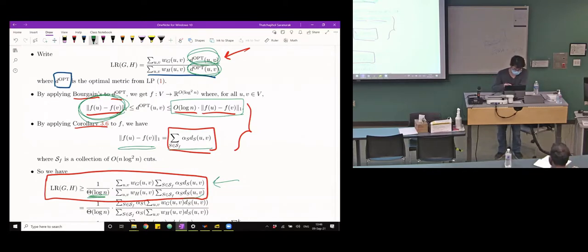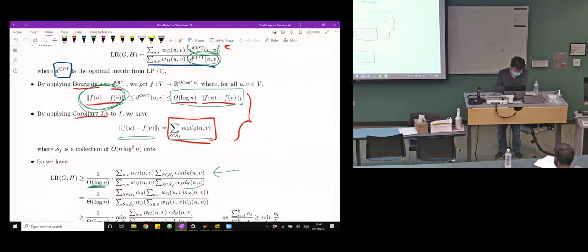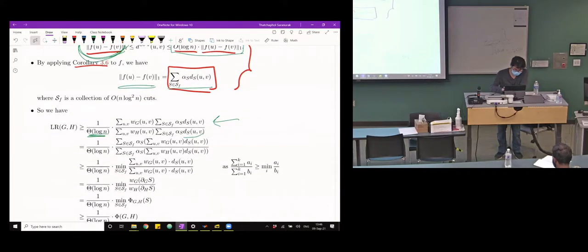All right. And now let me just rewrite things a bit. So we have this sum. What I will do is I just move the sum over S to the front.